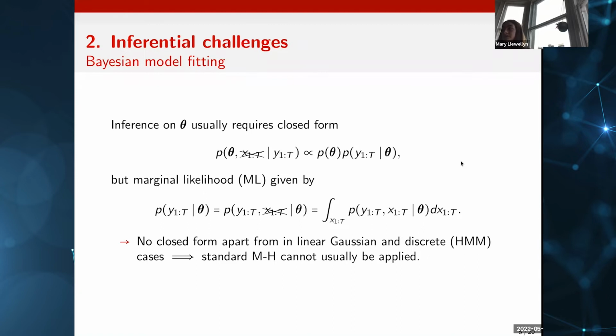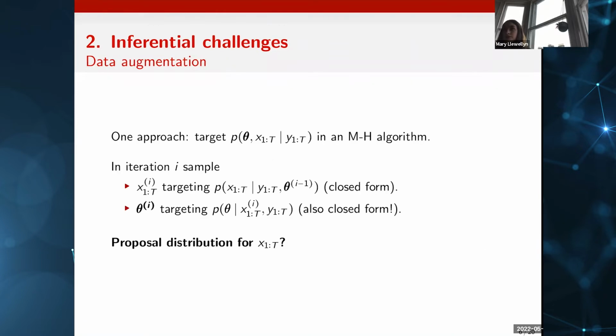I'm mainly going to focus on a different approach to the problem, which is to use data augmentation. So I like to think of this as broadly deferring the explicit initial integration step till later in the algorithm. So we do that by obtaining Monte Carlo samples jointly from this distribution of the static parameters and the states, which has a nice tractable expression.